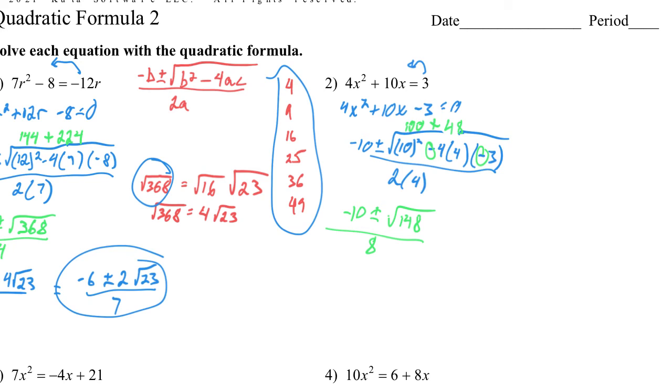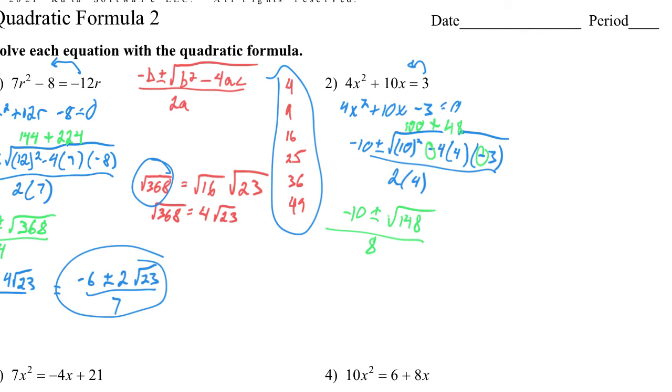Okay, it doesn't work. 148 divided by 25, no, it's not going to work. Let's try 49. Nope, doesn't work. So 148 divided by 16. Doesn't work, but it's getting closer. 148, I know it doesn't divide by 9, but if you don't know, then try it.